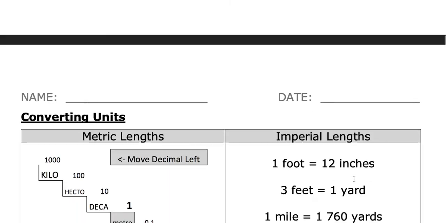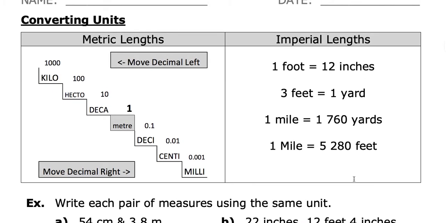Let's take a look at converting units. The metric system of measurement is used all around the world with the exception of the United States. The relationship between the different units are powers of 10. They have Latin prefixes which help us across various types of measurement.